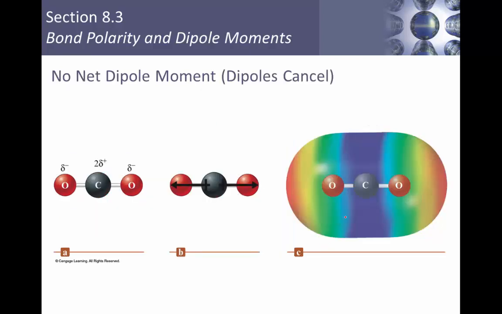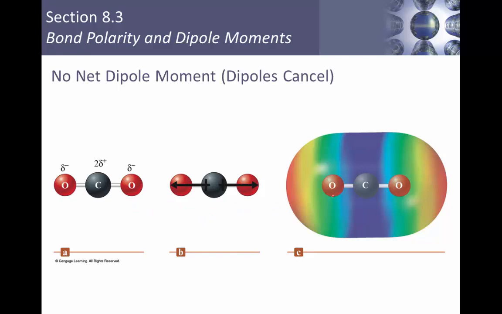Now just because a compound has polar bonds, or dipole moments as we're calling them, doesn't mean that the whole molecule will be polar, or the overall molecule will have a dipole moment. So you're looking at the same three types of pictures. This time we're using the molecule carbon dioxide. And notice the structure of carbon dioxide.